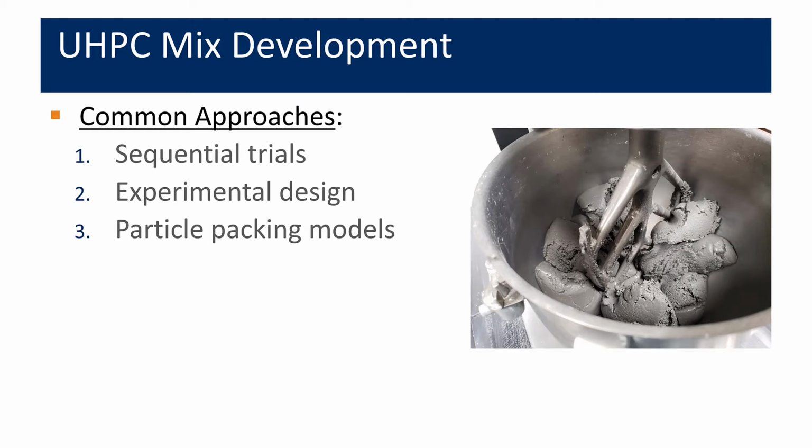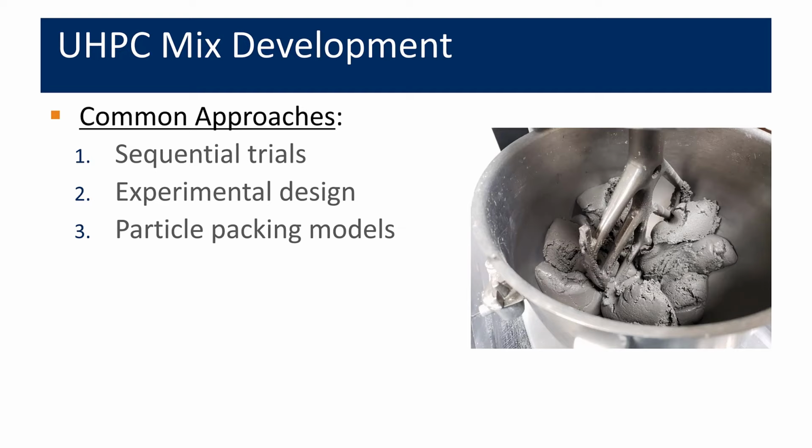I make all of the mixtures, evaluate their performance, and then use statistics to figure out, based on the performance of each of those mixtures, which component at which dosage is going to give me the best performance. The third approach, which is one that John and I have used quite a bit recently and found to be very effective, is to use particle packing models.